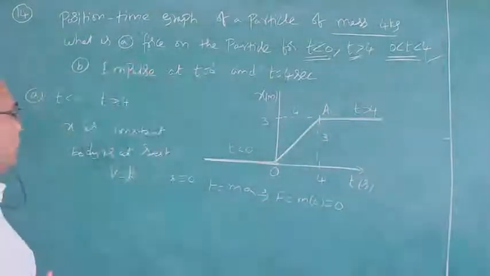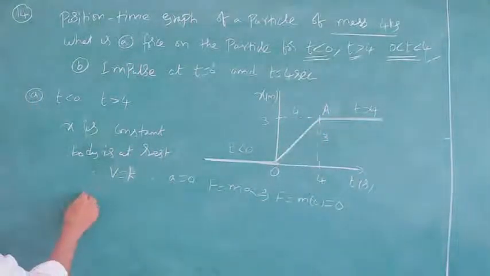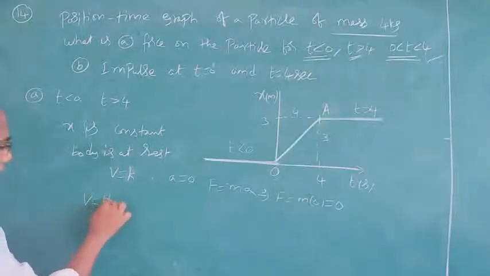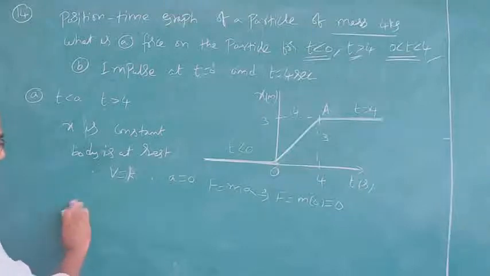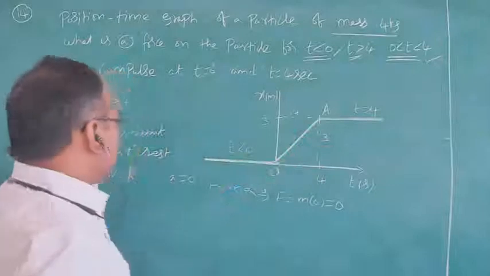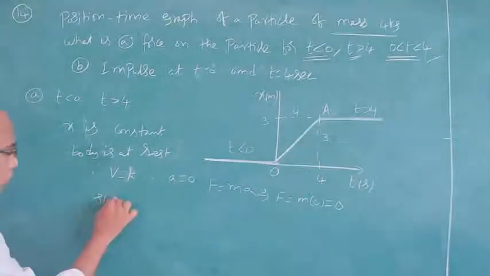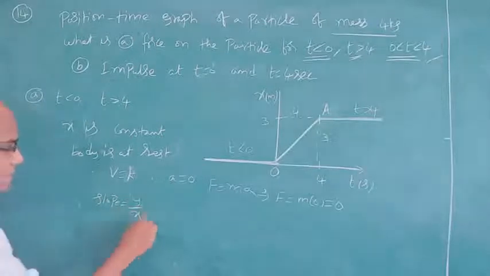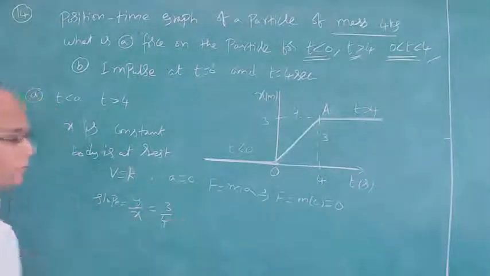So what is the net force in this one? What is the slope first? Slope is y by x. So here slope is y by x, that is nothing but 3 by 4.